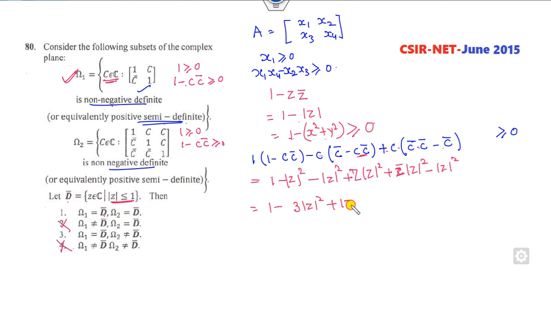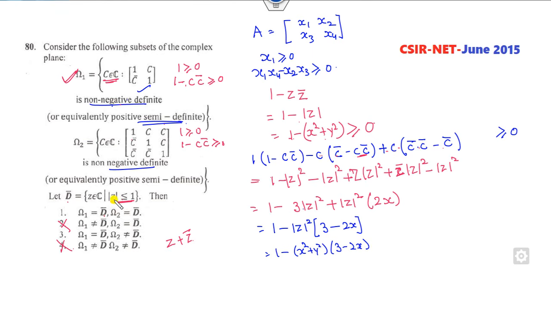I can take z bar² as common, and the rest is z into z bar. So this is nothing but 2 times x, so I can convert into real numbers. So the common factor is 3 minus 2x. Fine. So I can write this as (x² plus y²)(3 minus 2x).